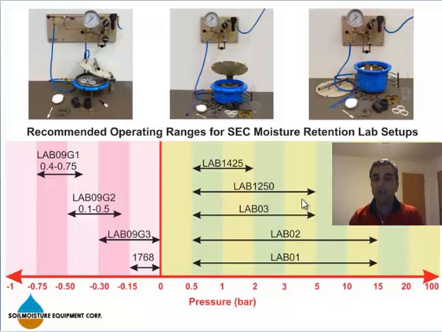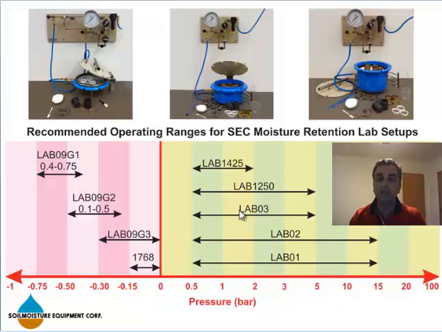The answer is that, as you can see here, you get a manifold that is a 6-inch diameter manifold that goes from 0 to 15 bar, but here you have the same diameter, 6 inches, that now goes from 0 to 6 bar. This is a lot more accuracy.